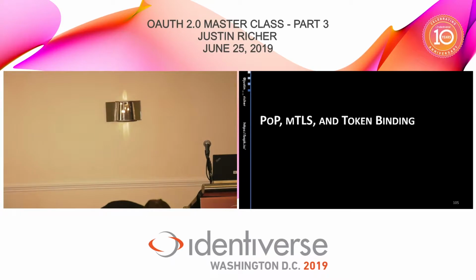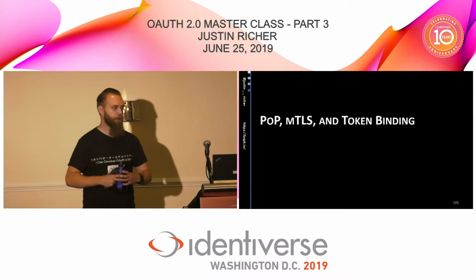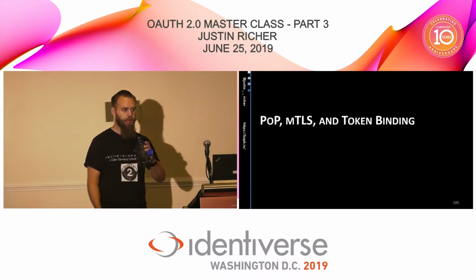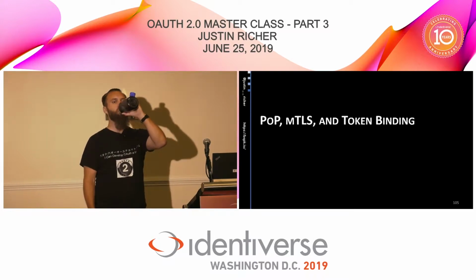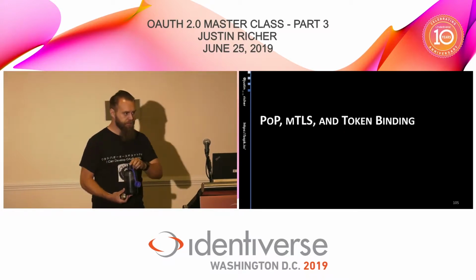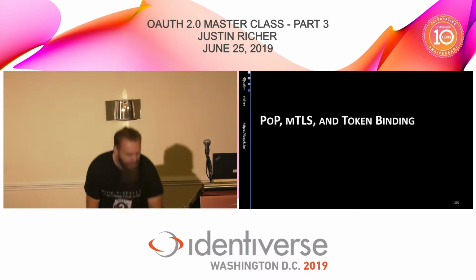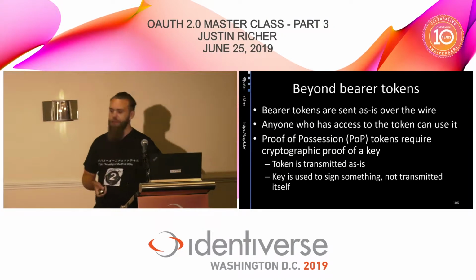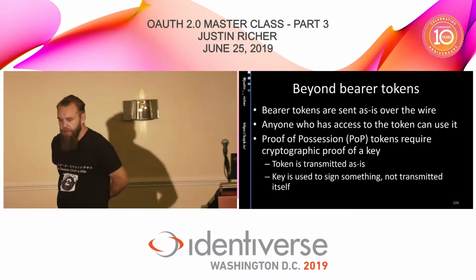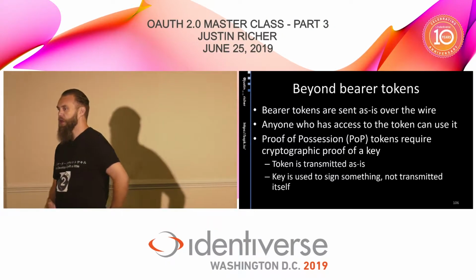All right. So we are now going to take a lightning tour through the world beyond bearer tokens. Everything that we've been talking about so far today are OAuth bearer tokens.